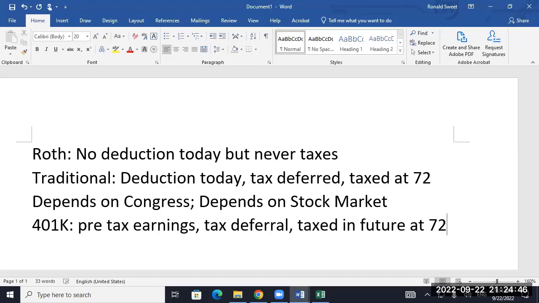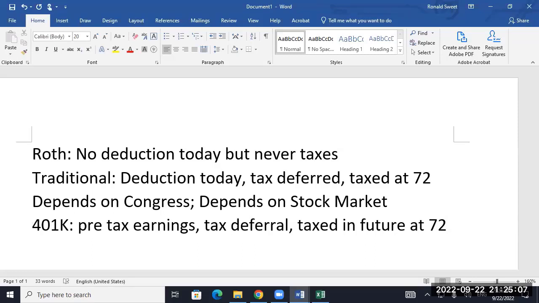How much of it is taxable? The entire thing, right? Because you never pay tax on it to begin with. So you're not just taxed on your investment gains, you're taxed on every single part of it. So you've got to be careful of that with the 401k. That's massive. So how do you make these decisions?